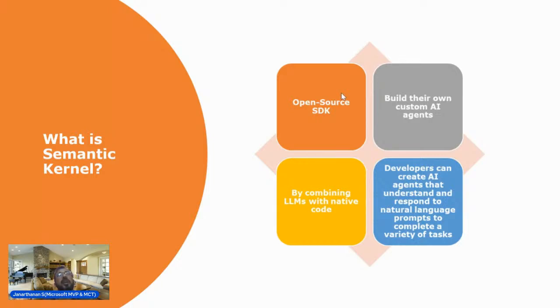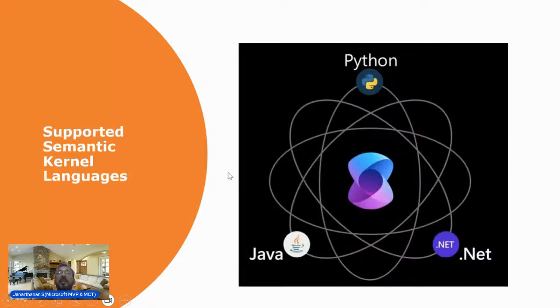Even if you write a natural language prompt in minimal English, you can build your own agents with the help of the Semantic Kernel framework. It supports various languages: .NET, Python, and Java.